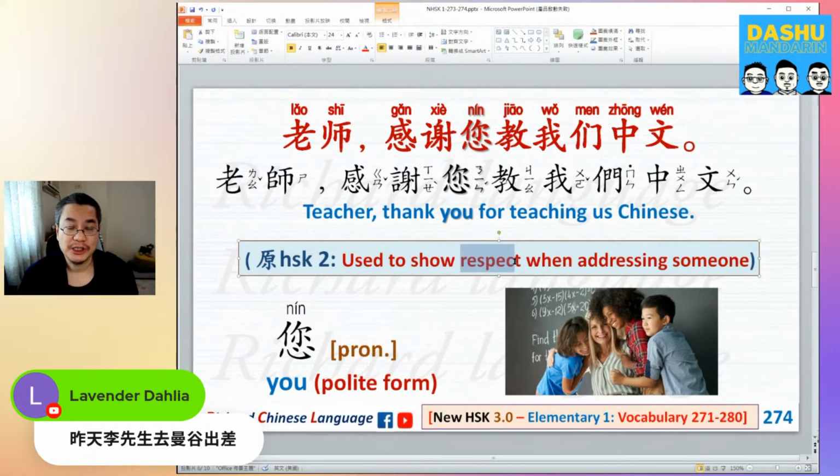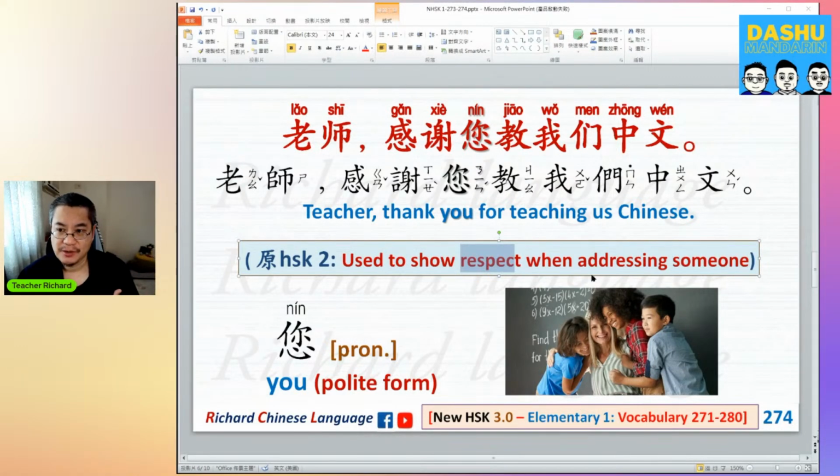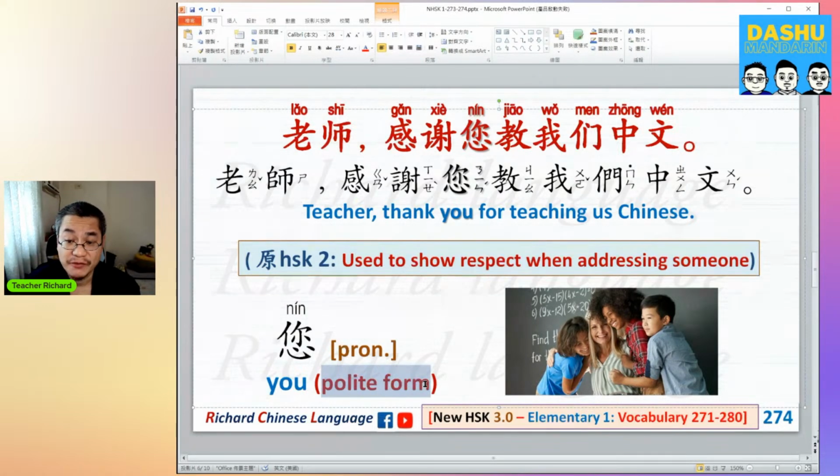So maybe the person is your teacher, your father, your mother, someone oftentimes older than you, or someone really respectful. So 您 is used for someone you respect. It's a polite form of you in Chinese, 您.